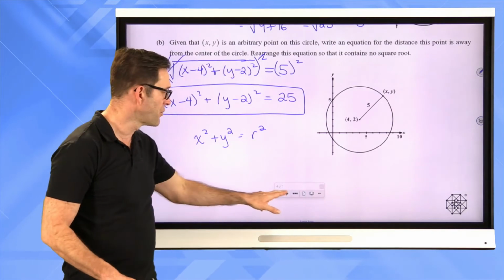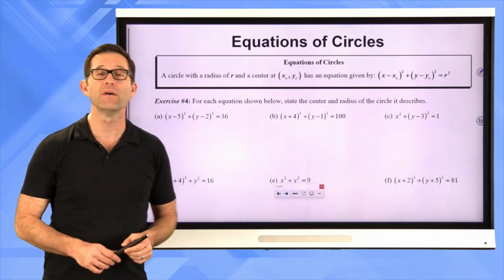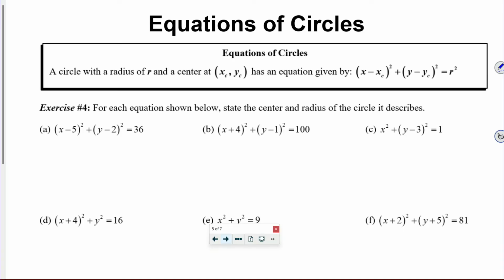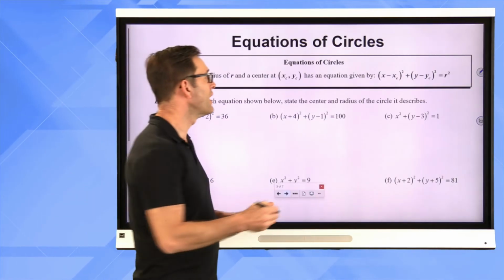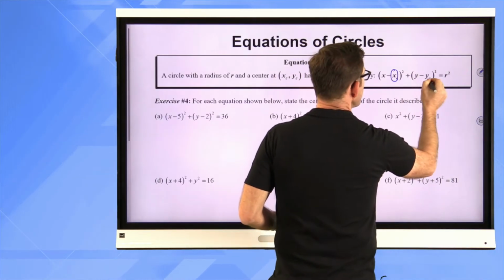So, to summarize, equations of circles. A circle with a radius of r and a center at x sub c, y sub c has an equation given by x minus x sub c squared plus y minus y sub c squared equals r squared. Again, in this case, these two things aren't going to be variables.